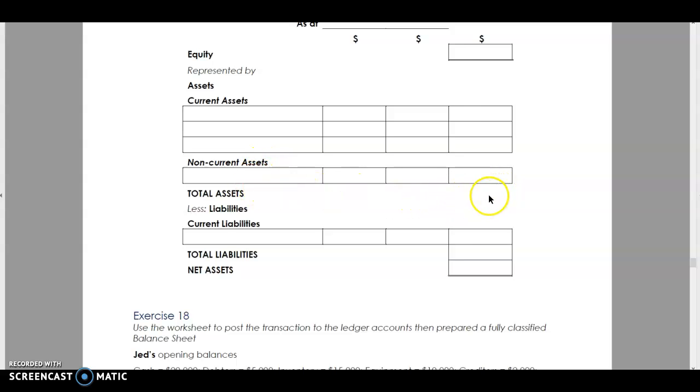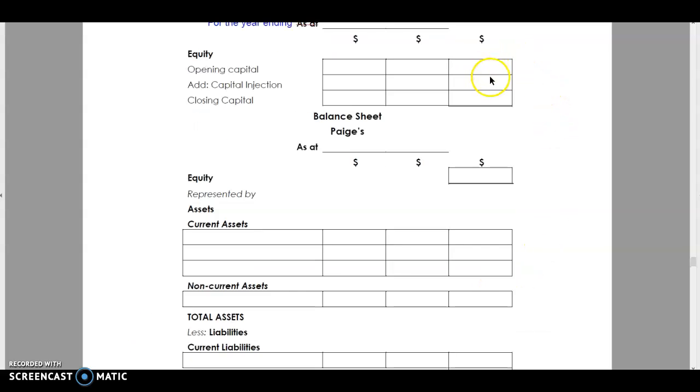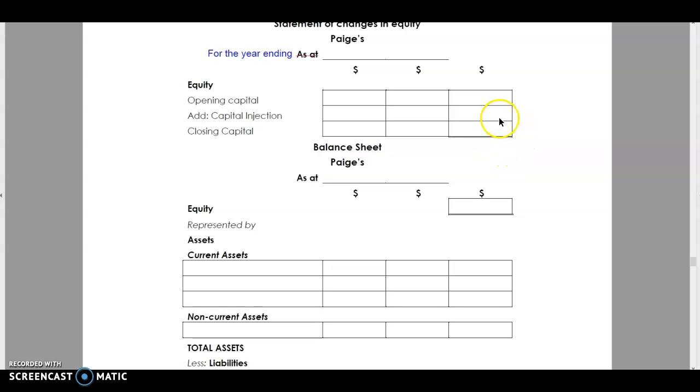There's no box for that there, but you'll need to put that in. Less liabilities, current liabilities, put them in there. And then we deduct our total liabilities from our total assets to give us our net assets.